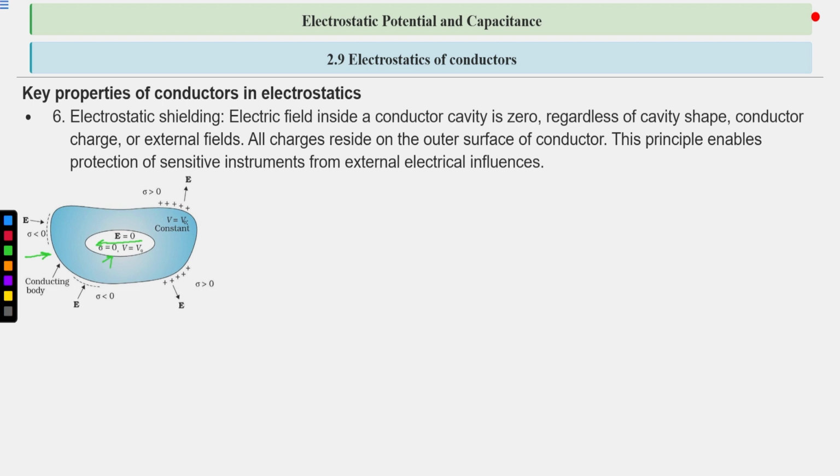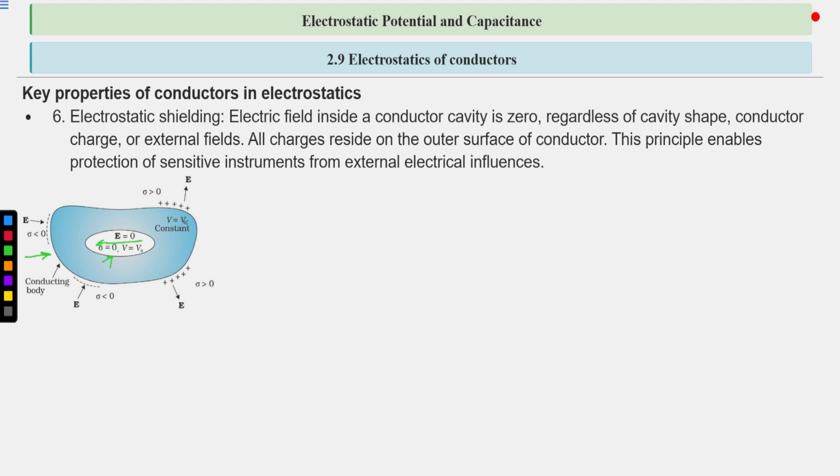We know that the direction of the electric field is positive to negative. This is the external electric field. This is the internal. So the internal electric field is always equal and opposite, for conductors only, because there is a large amount of free charge present in conductors.